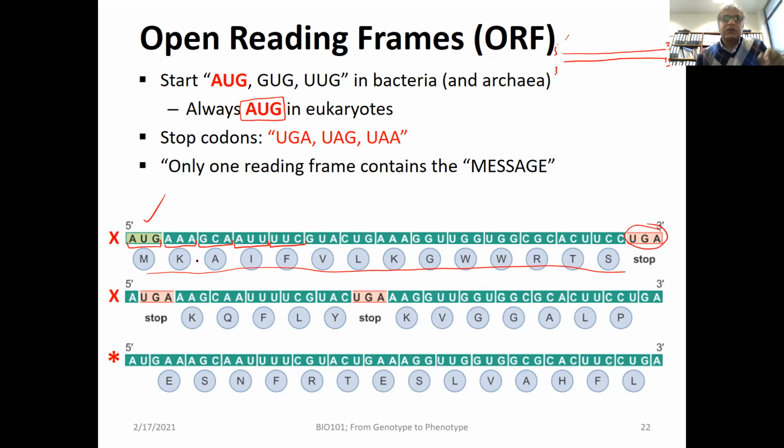If you say no, UGA is the first, the reading frame is starting from here. Look, you are hitting the stop codon right away. In the middle, stop codon again. If you ignore the start codon and start the synthesis from GA, the third reading frame, you are disturbing the stop codon.